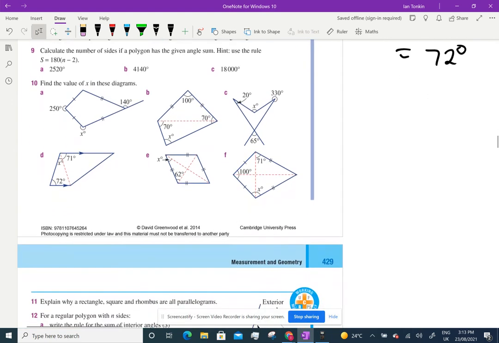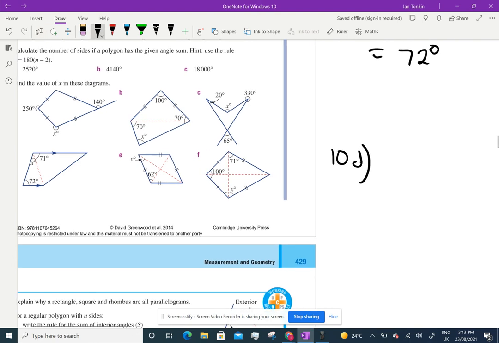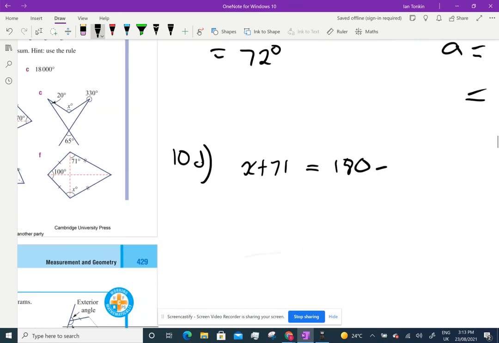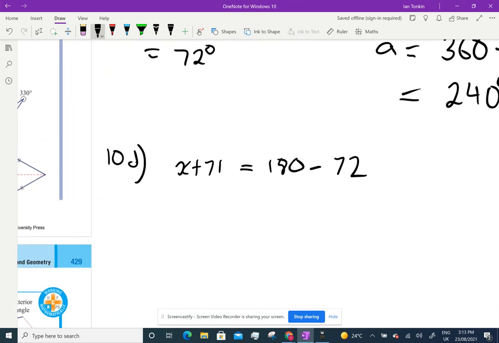Then I want you to do 10. Now 10 might take you some thinking, but you just need to work your way through it. I'll do one of them. I'll do 10D. What have we got? Well, we know that those two sides are parallel. So x plus 71 equals 180 minus 72. Why?